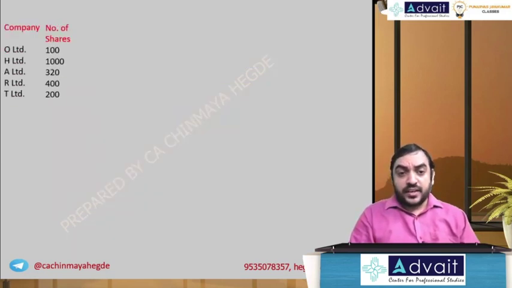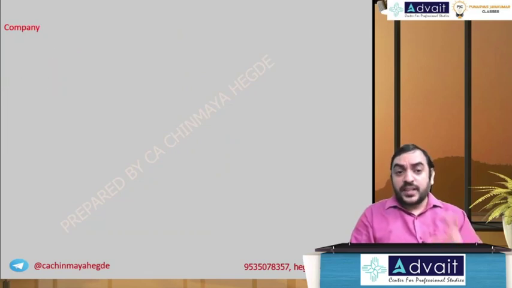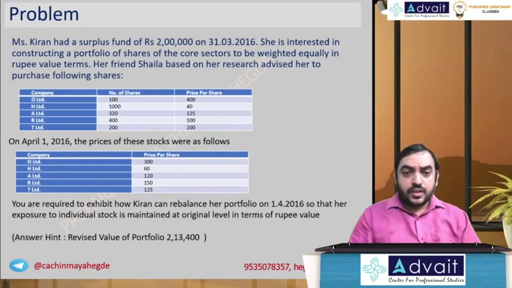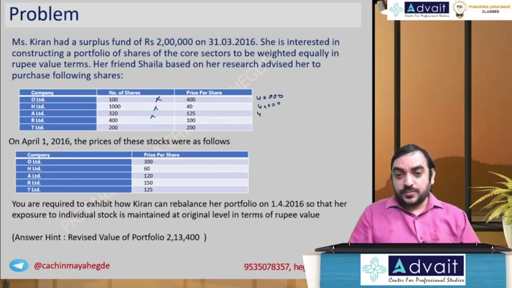If I calculate, you don't have to calculate the old price, but I'll just do it for your reference. 100 into 400, that is 40,000. 1000 into 40, 40,000. 320 into 125, I think 40,000. 400 into 100, 40,000. 200 into 200, 40,000.